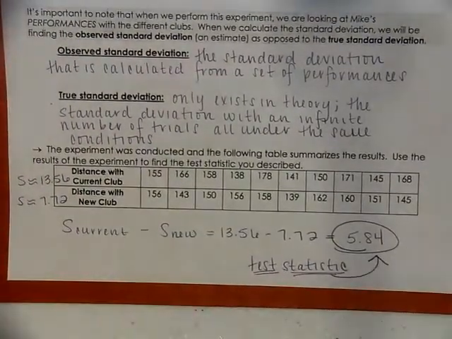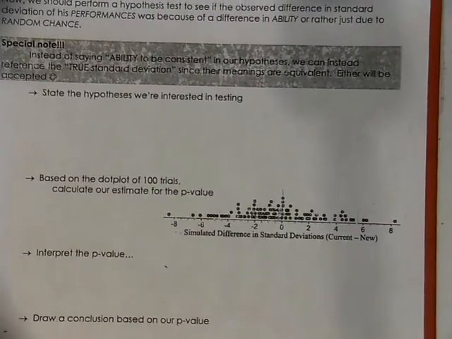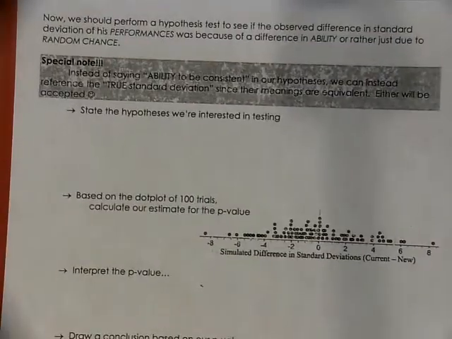Okay, so let's take a look at the next step. Now we should perform a hypothesis test to see if the observed difference in standard deviation of his performances was because of the difference in ability or rather just due to random chance. So, special note.